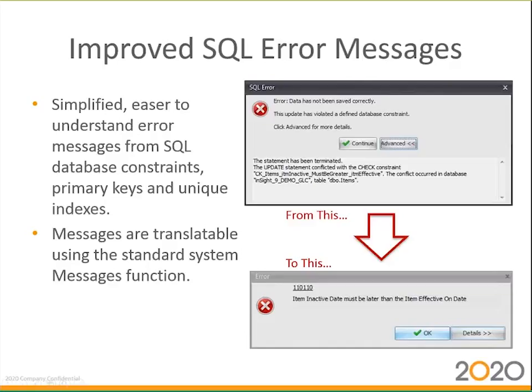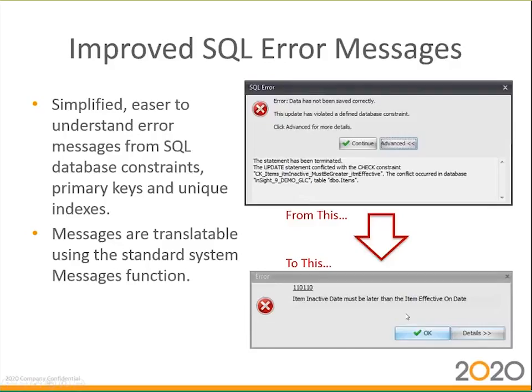And so we've added a new layer into the system where those common messages are translated now using our standard Insight messages functionality that we use for all our other error messaging. Those anticipated messages are intercepted, and we provide a translation for them, and they are turned into a much more informative type of error message.